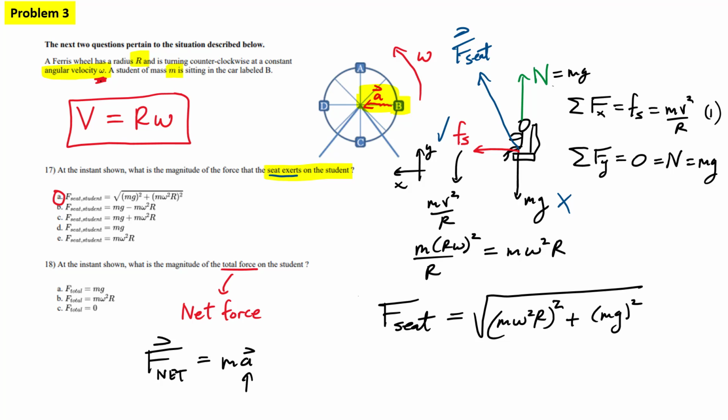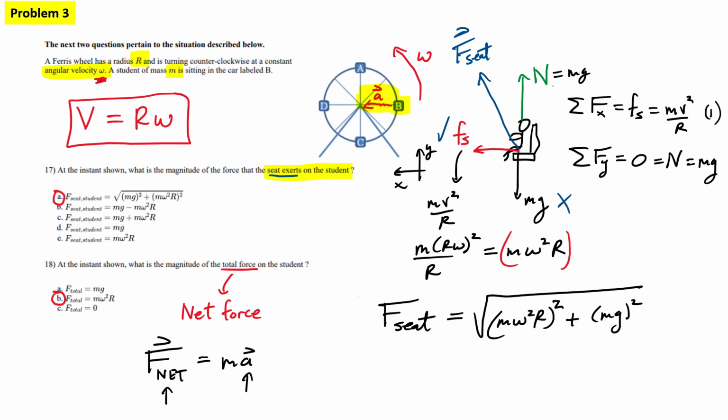Which of these forces is toward the center of the circle? In this case, it's the static friction force, but we said it must be equal to m omega squared times r. So B is the correct answer for this choice.